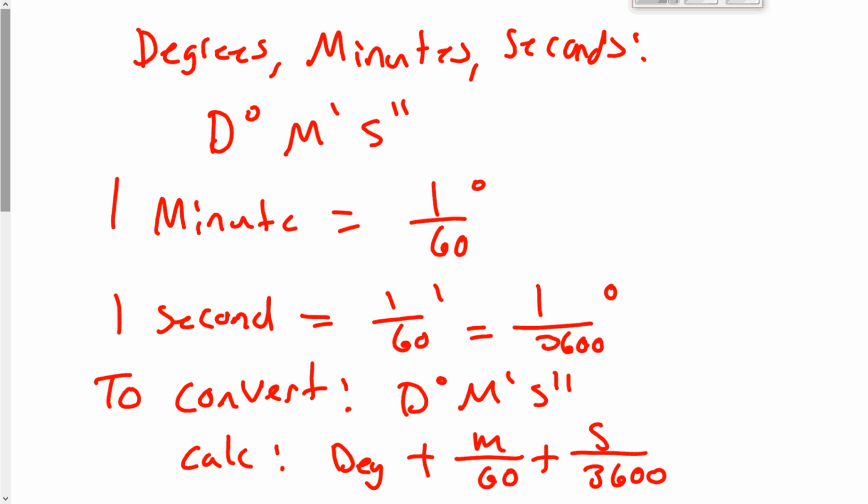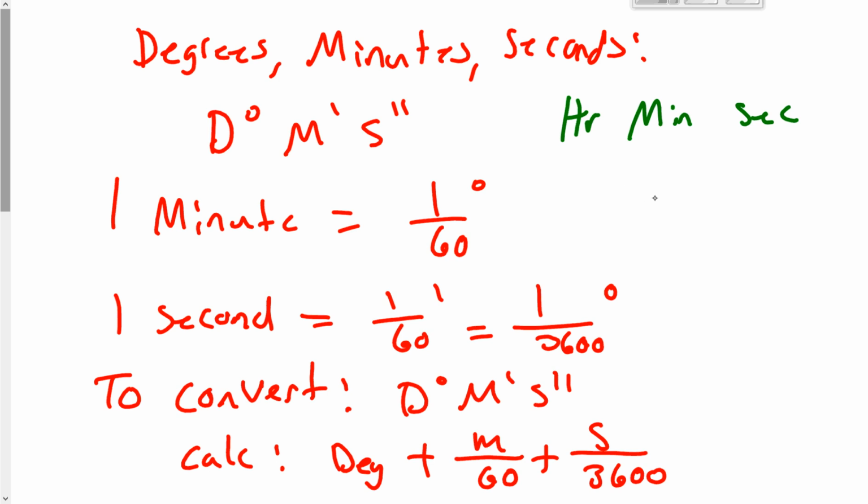So this is very similar if you want to think about this as hours, minutes, and seconds, right? Because 60 seconds is 1 minute, right? So in 1 minute there's 60 seconds, and in 60 minutes there's 1 hour.